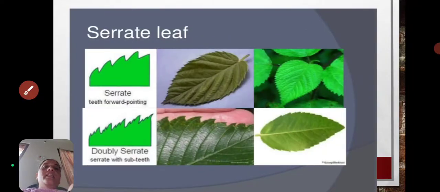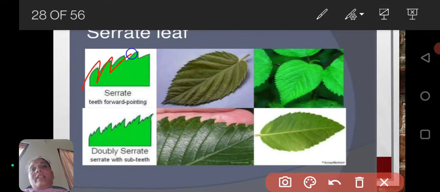Next, the serrate leaf margin. Upward cuts are there. In the serrate leaf margin, double serrate leaves are also there. On a single end, two serrates are there, so serrate with subteeth. Two teeth are there like this. Observe this diagram. This is a single serrate, and this is a double serrate.